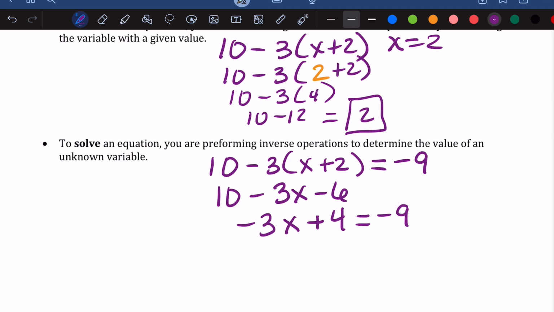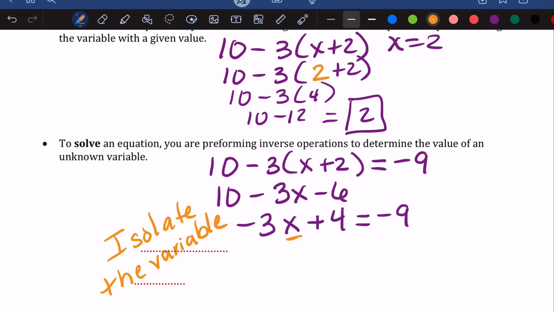And then from there, find ways to actually isolate the variable. And isolate means to get the variable by itself so that I can determine what is the value of this variable. What number is that variable equal to? And that's the thing we're going to focus on in this lesson.